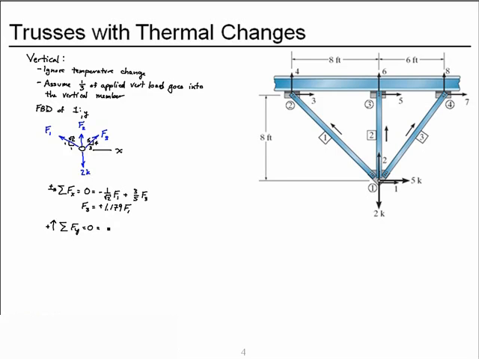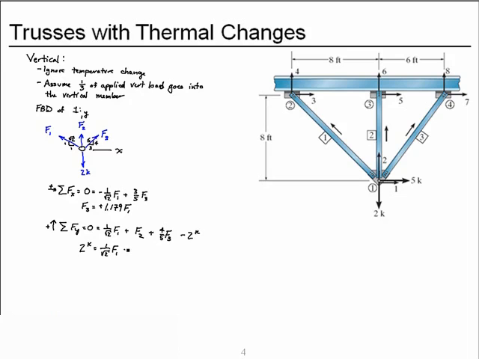Based on our coordinate system, up will be positive. I have contribution from the force in member 1 plus the force in member 2, which we are going to assume its value, plus the portion of the force in member 3, and minus the applied 2 kip load. So if I take the 2 kips, move it to the other side, we have 2 kips equals 1 over the square root of 2 times the force in member 1.